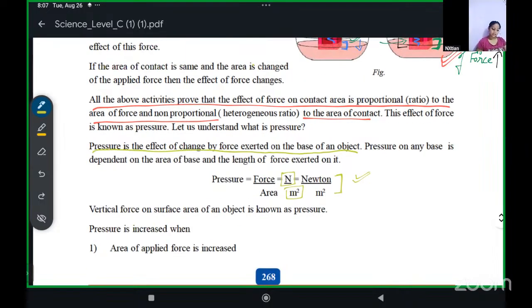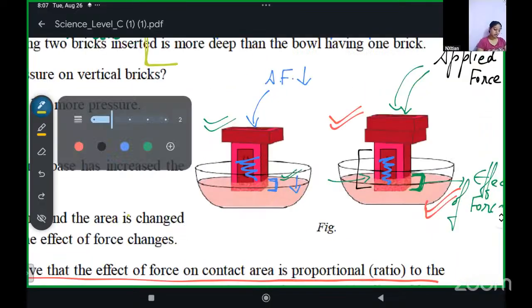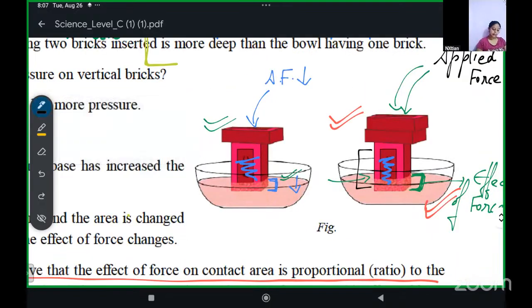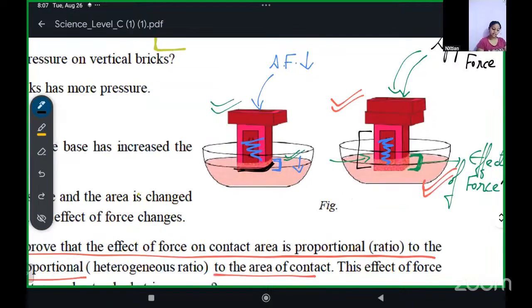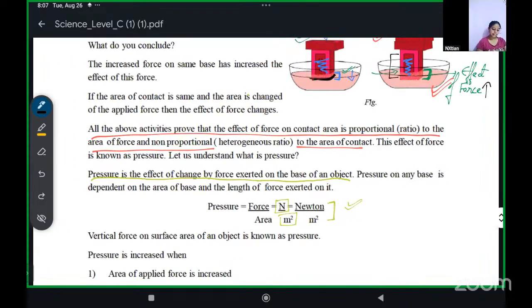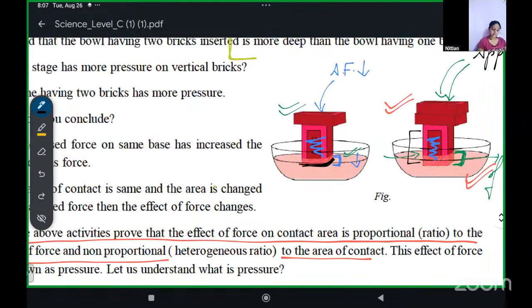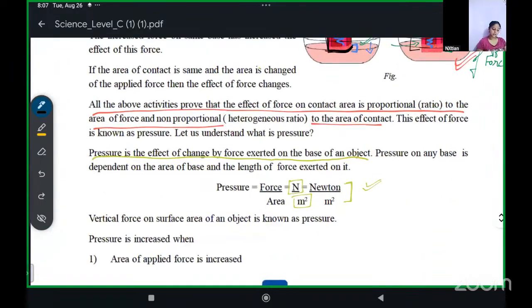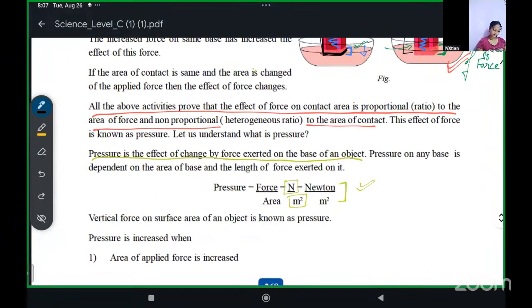Now in the brick, it will be dependent on the area, that is this thing, and the length of force exerted, on the object.